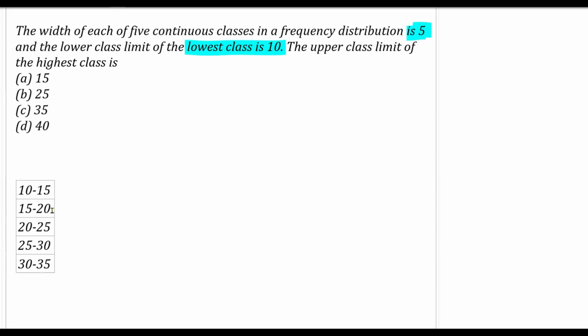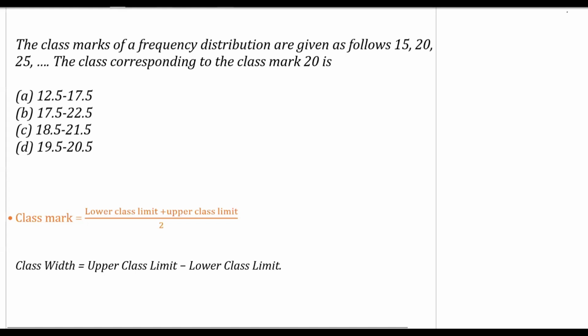So this is the 5 classes we have to make. Now the final question says the upper limit of the highest class. So the highest class is this one, lower limit is 30, and upper limit is going to be 35. So 35 is the answer for this part.